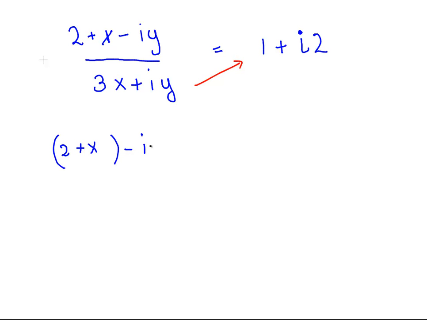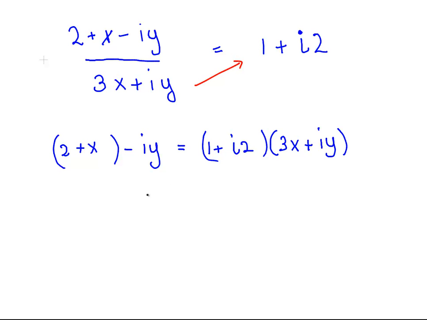So we would get 2 plus x minus iy. I'm just signifying that x plus 2 is the real part of that side. So we have 1 plus 2i times 3x plus iy.